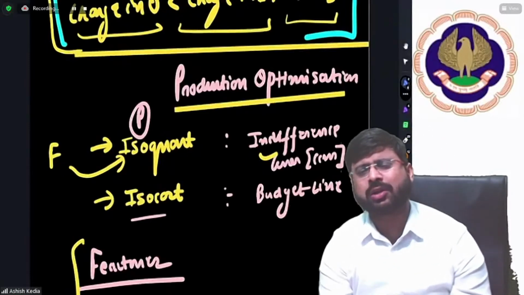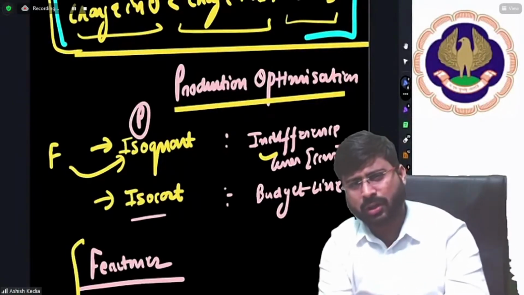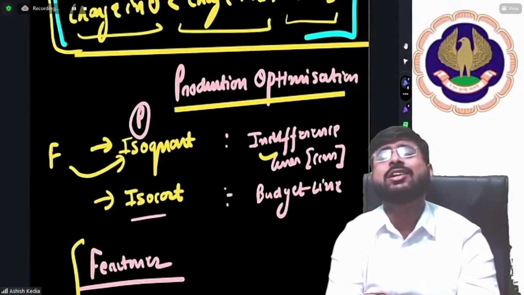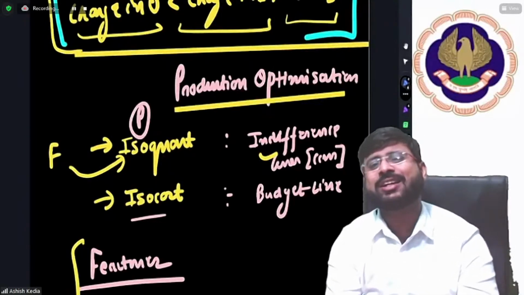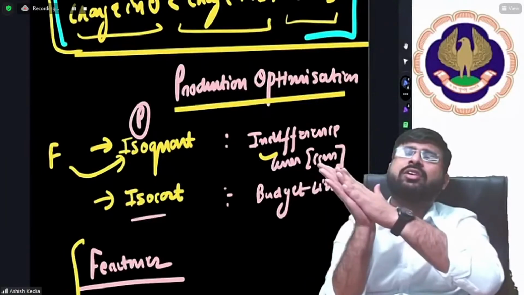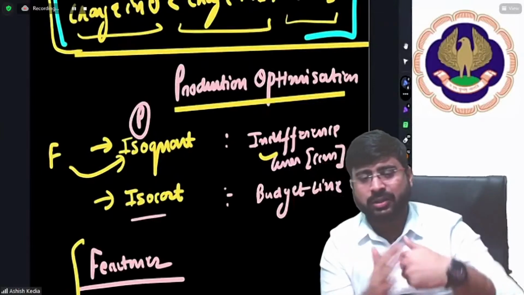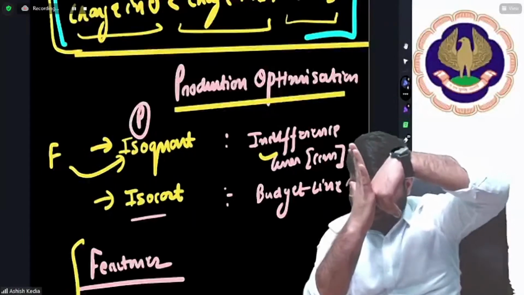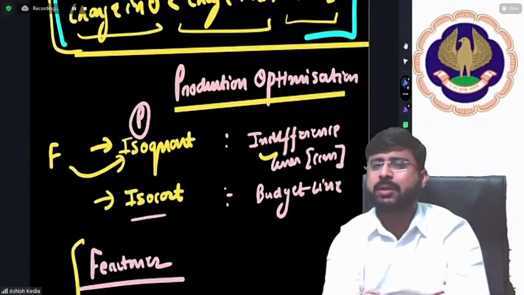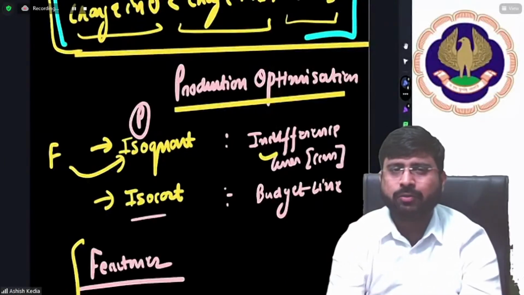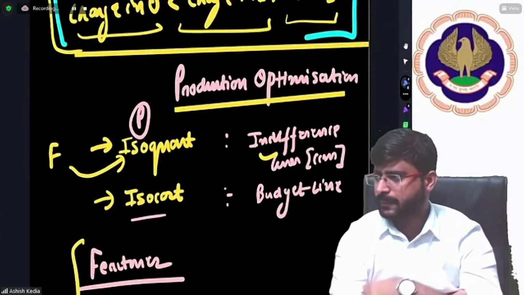Number one was the indifference curve, and the second one was the budget line. The point of intersection, the point of tangency of the indifference curve and budget line, is where we had our equilibrium achieved. Do you remember that?